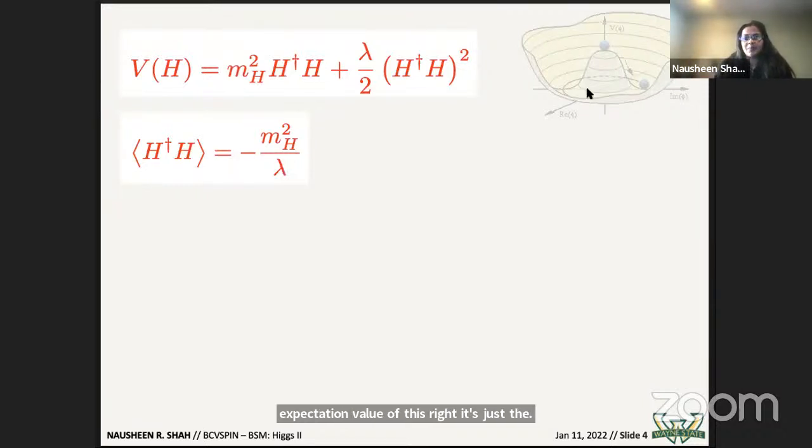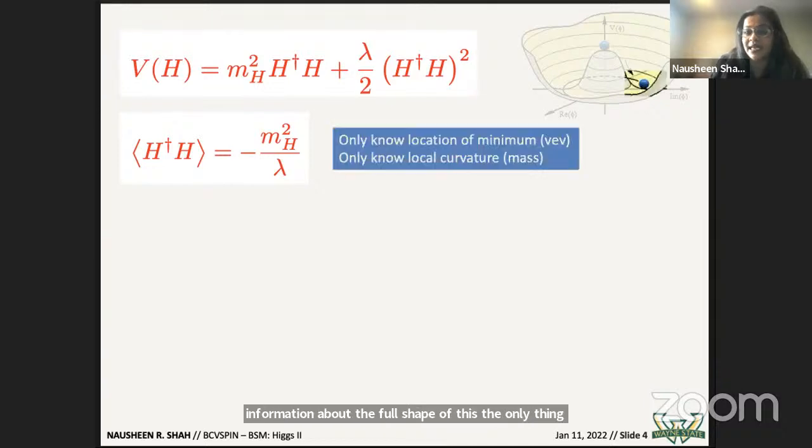And this was the picture that I had shown you before, this Mexican hat potential, right? But the reality is that we have very little information about the full shape of this. The only thing we know about is this little part which I'm showing you up here, right? Only the location of the minimum, which is the value of this VEV, and the local curvature, because the mass is basically the second derivative of this potential at the minimum.